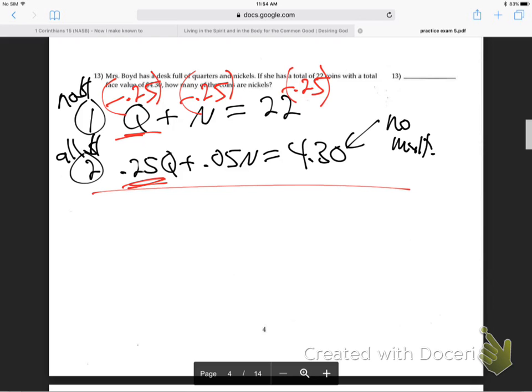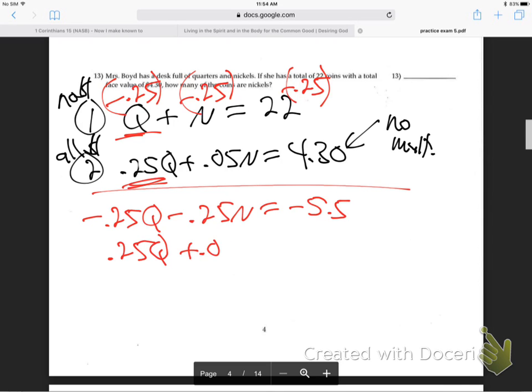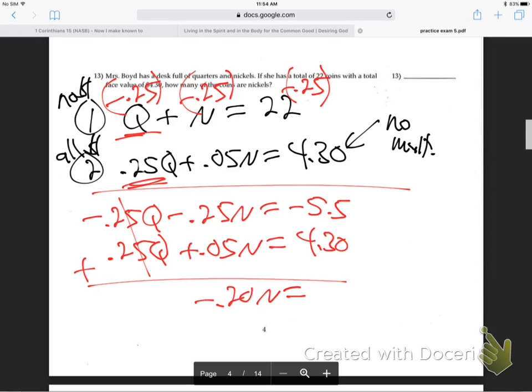Everybody okay with that? So minus 0.25Q, minus 0.25N. So it'll be minus, is it 5.5? And the bottom one is that. Add them up, cancels. Minus 0.20N is minus 1.2. Divide by minus 0.20.